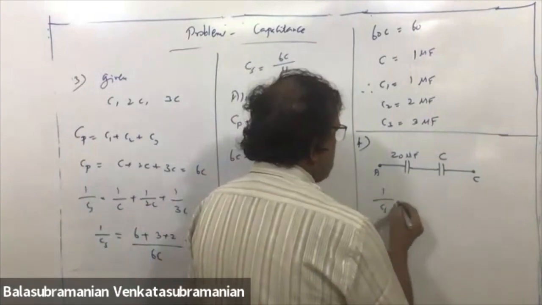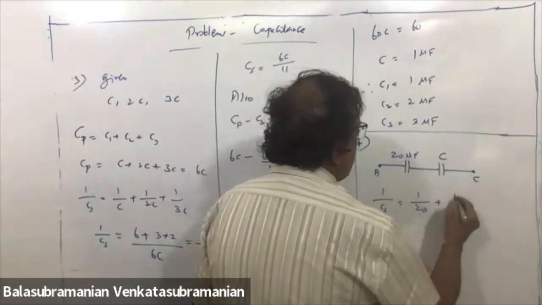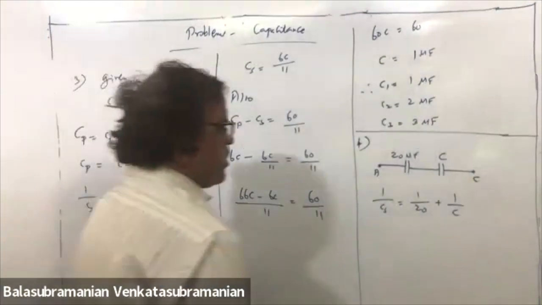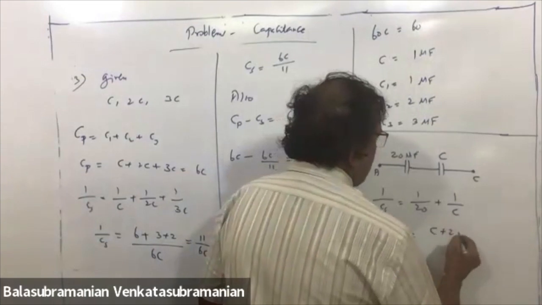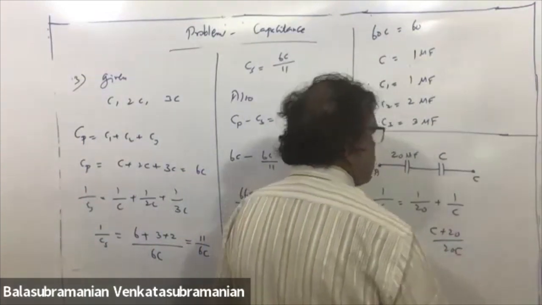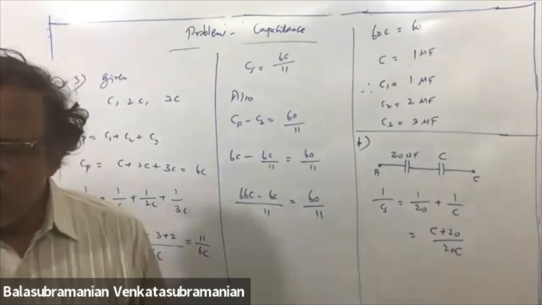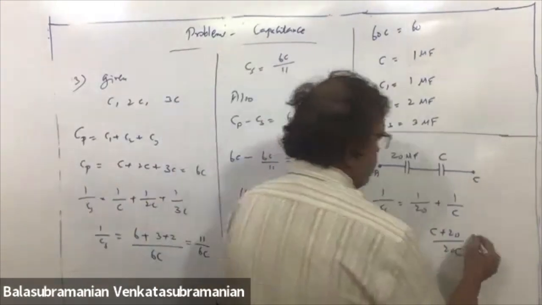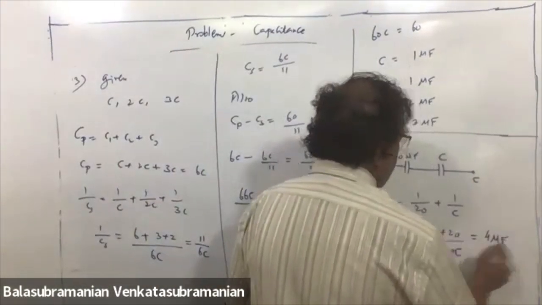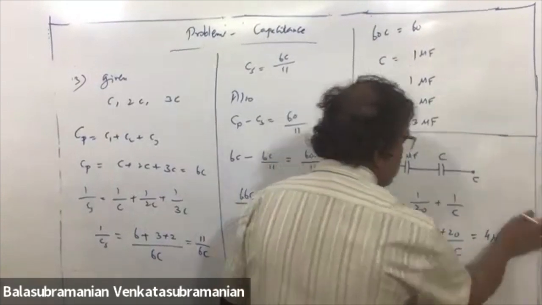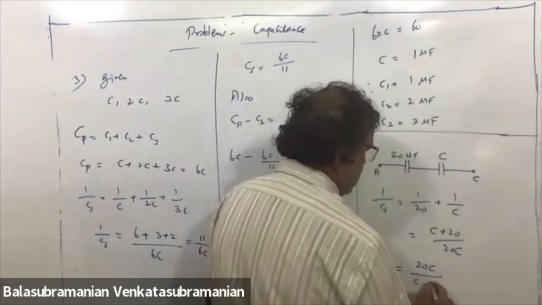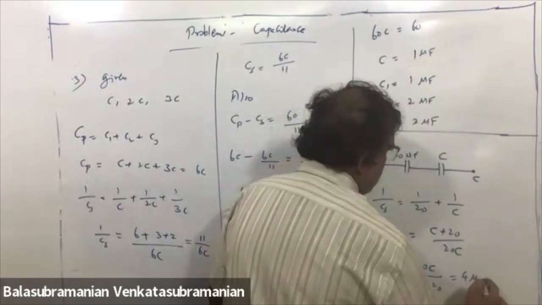Therefore, 1 by Cs is equal to 1 by 20 plus 1 by C. When you calculate, C plus 20 by 20C. The resultant is given as 4 microfarad. So Cs is equal to 20C by C plus 20. That is 4 microfarad.